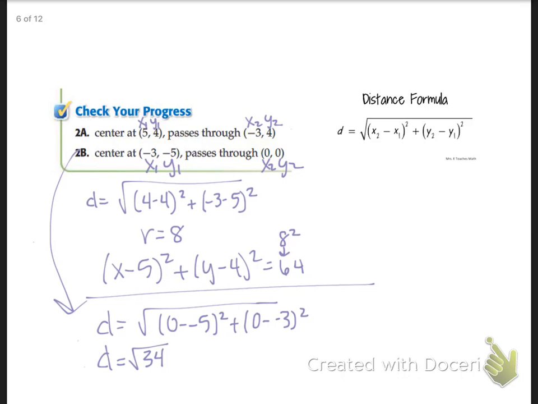The reason I do that is because if I take my center, so remember we flip them, so now it's x plus 3 plus y plus 5 squared is equal to, if I plug this in here with parentheses, just in case there's a number in front, it's going to cancel and just give me 34. So my answer is just going to be this. That's why we don't want a decimal, because decimals you guys round.